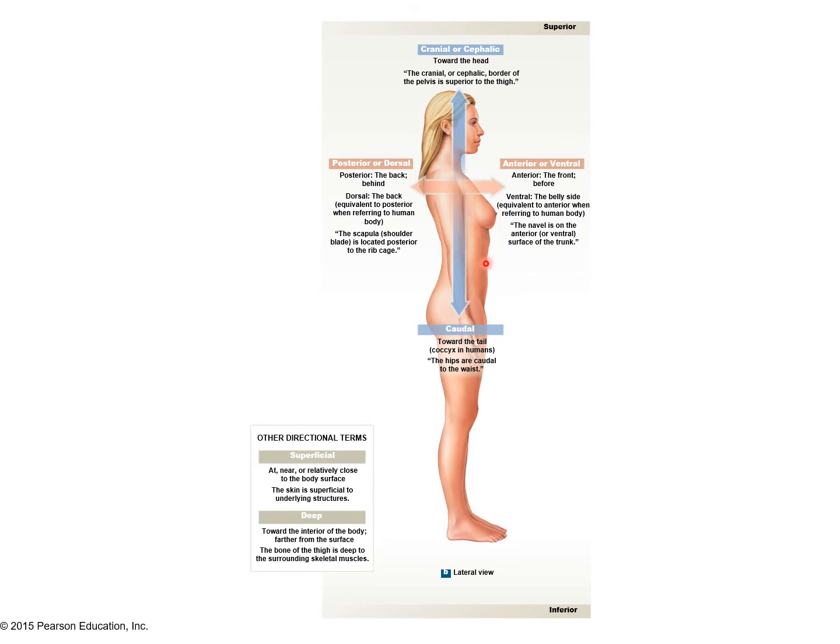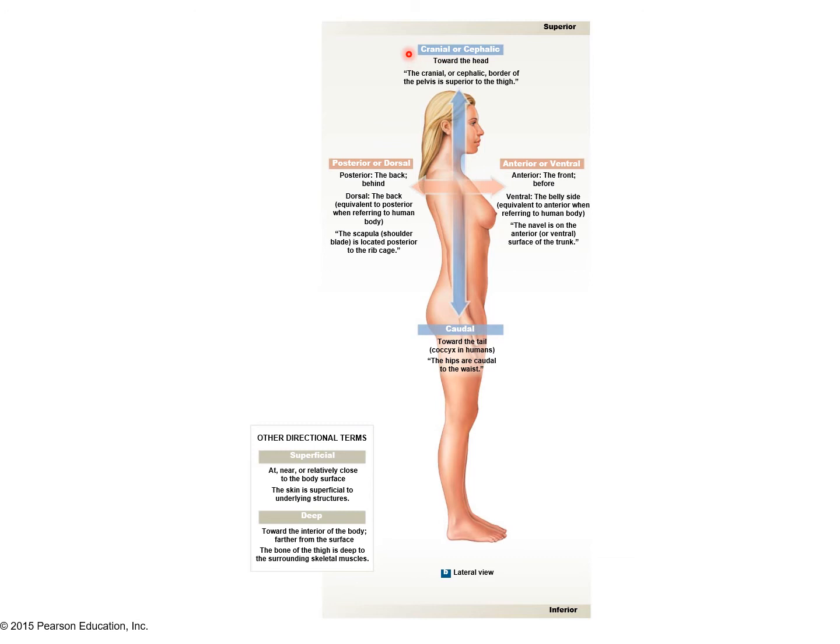Your belly is more towards the front compared to your back. Or you can say that your stomach is ventral compared to your spine. So ventral or anterior. Your back is posterior or dorsal compared to your stomach.